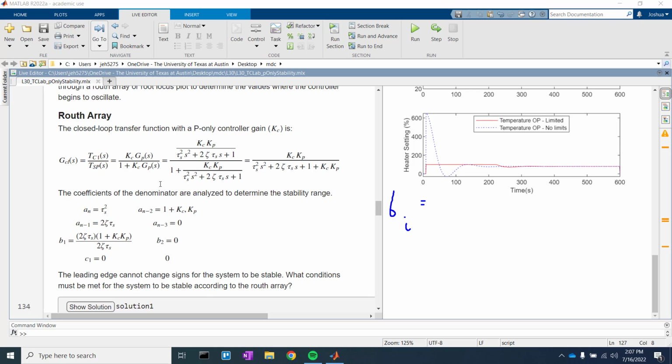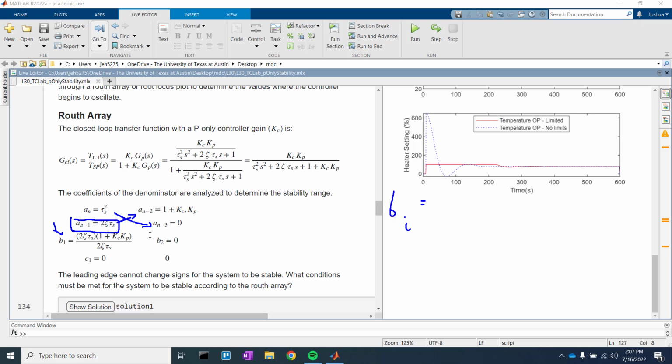So b sub i is equal to this right here times this, minus this times this, all over the a sub n minus 1. That pattern continues: the bottom left one times the top right, minus the top left times the bottom right, all over this bottom left one. And that's what's going to be right here.